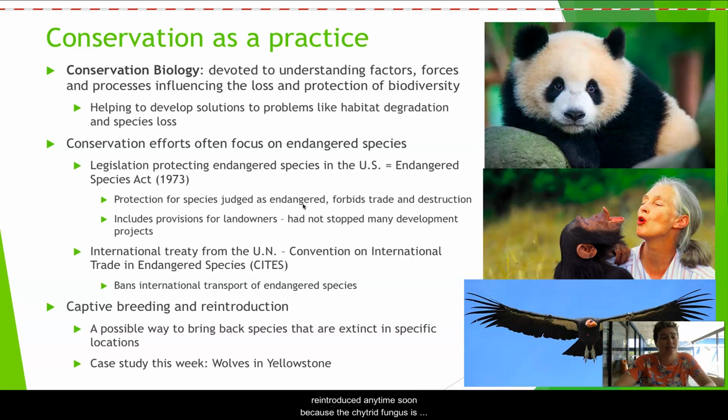But there are instances in which we can actually bring back the species by breeding them in captivity and then reintroducing them. And on Wednesday, or whenever you want, you'll be watching the video and reading about wolves in Yellowstone as a case study on reintroduction of species to a particular habitat.